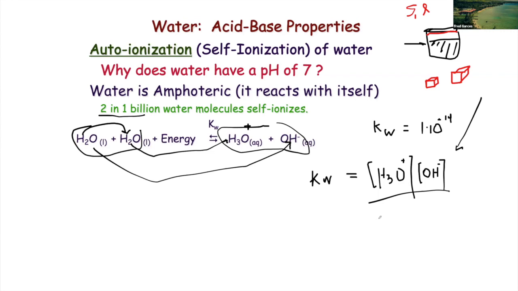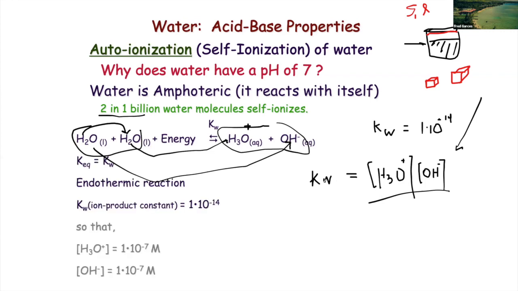So what you have here basically is the Kw, which is equal to 1 times 10 to the minus 14, is just equal to the aqueous phase in the chemical reaction, that's hydronium and hydroxide. And if these two are equal, then we can make that x squared, and that is equal to 1 times 10 to the minus 14.